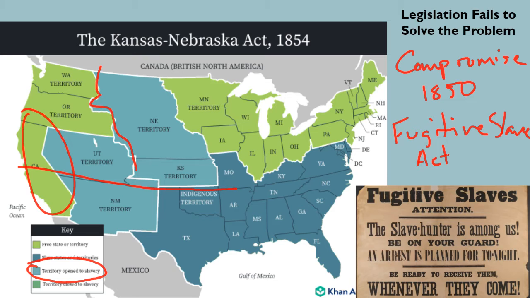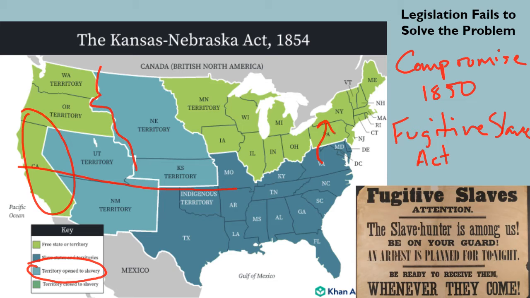Okay, the Fugitive Slave Act said that if a slave escaped, let's say a slave escaped from Virginia, for example, and escaped into a northern state like New York or Pennsylvania, the Fugitive Slave Act said that anybody in New York or Pennsylvania or any other state would be required to help capture that slave and return them to their plantation or wherever they were from in the South.